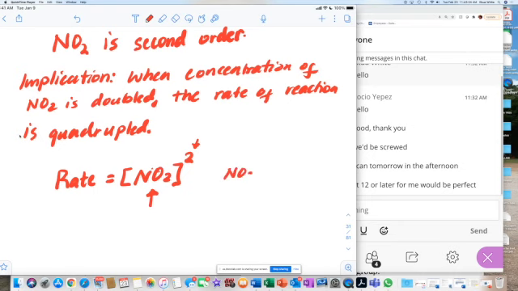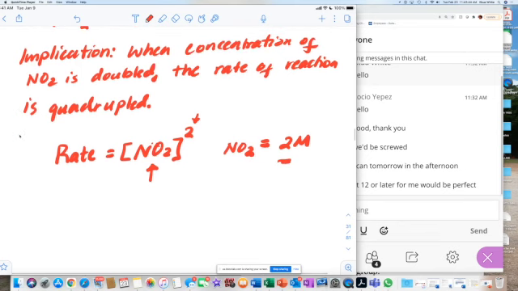Say NO2 has a concentration of, let me pick an easy number, 2 molar. If it's 2 molar, I'm going to figure out the rate. Rate will be equal to 2, the concentration, and then square it.